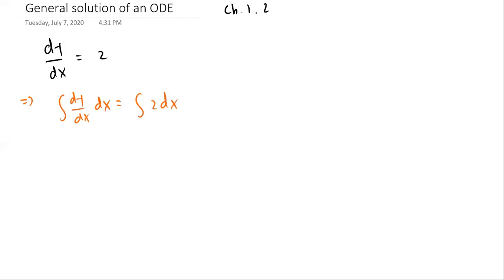An antiderivative of dy/dx is y by definition. So the left-hand side becomes y plus a constant of integration equals 2x plus another constant of integration. I mentioned that anytime you have two constants of integration, you can just combine them into one arbitrary constant of integration. So subtract c from both sides, rewrite d minus c as just a new constant c. This becomes 2x plus c.